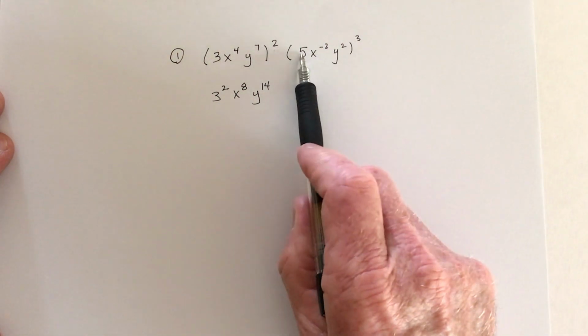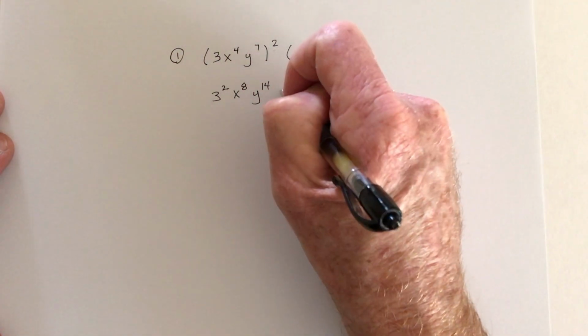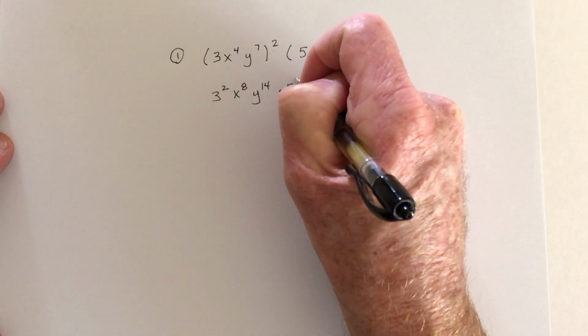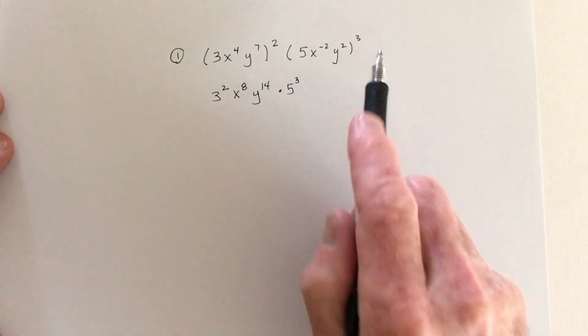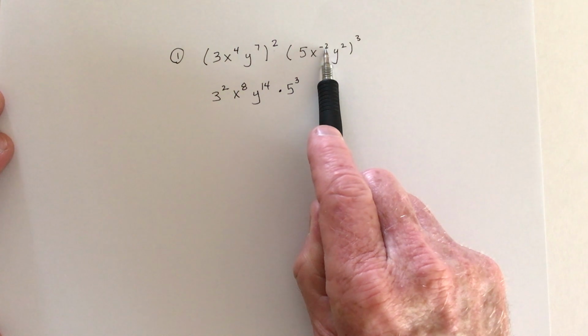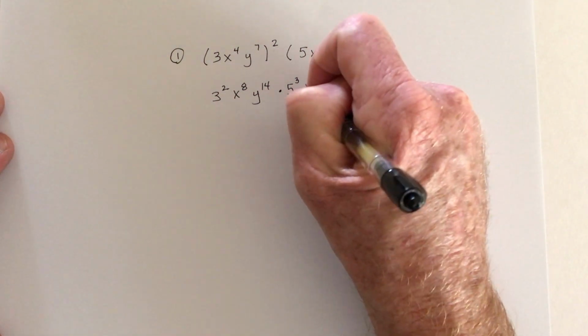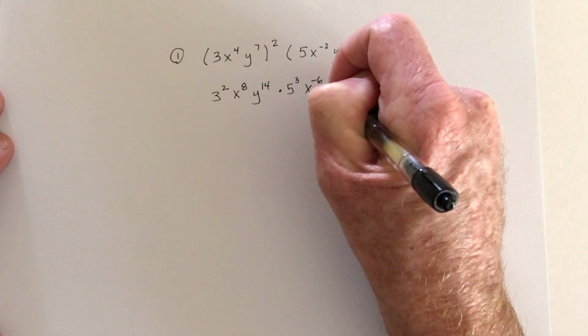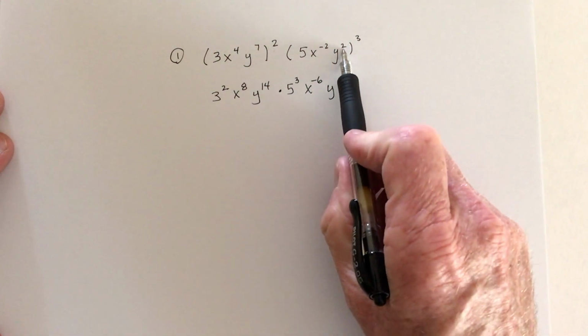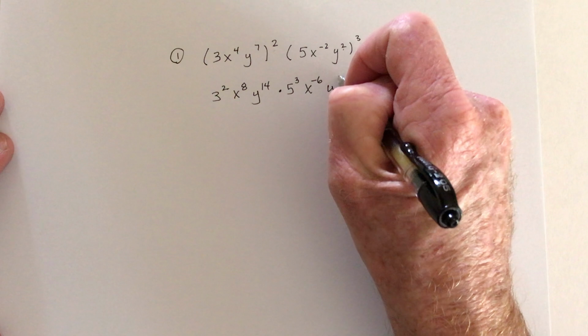And then cube, so there's going to be 5 cubed, and I'll simplify that in the next step. And again, multiply these two, so that's going to be x raised to the negative 6. And then finally, this is going to be y raised to the 6th power.